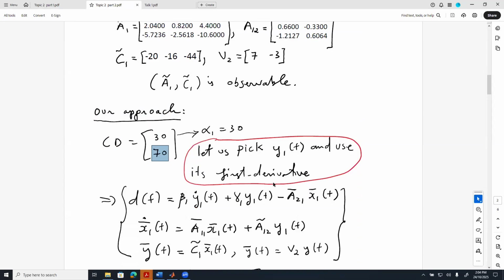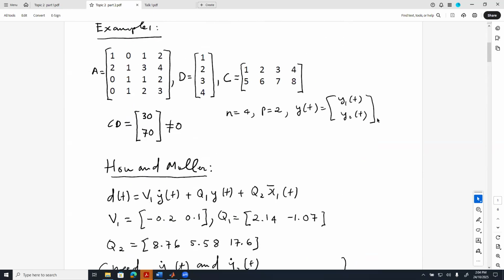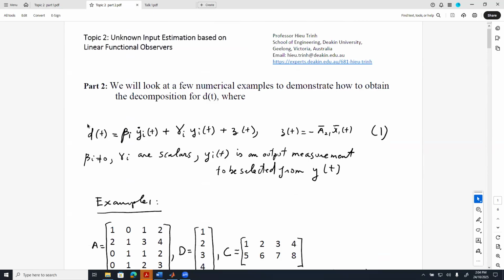We can actually pick output measurement y1 of t in our decomposition in obtaining the disturbance, which is in terms of y1 dot of t and y1 of t.